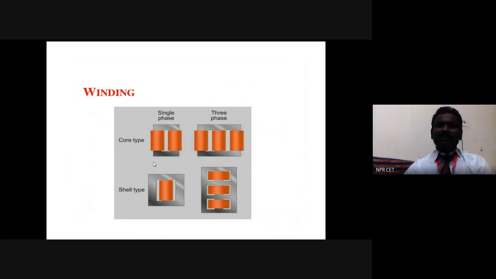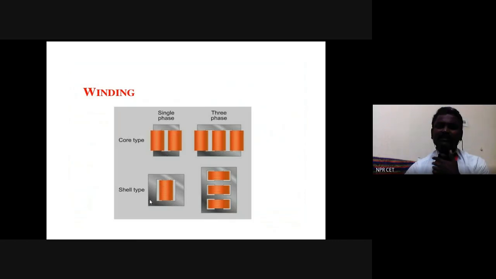So core type transformer, shell type transformer. What's the difference between these two? First difference: in the core type transformer, the coil or winding is surrounded by the core; in the shell type transformer, the core is surrounded by the coil or winding. And the second one: here there is only one path of magnetic flux.